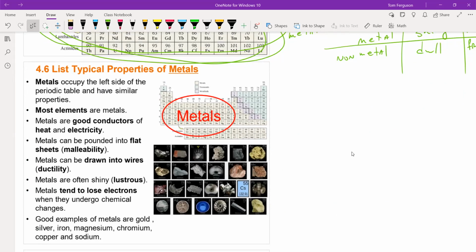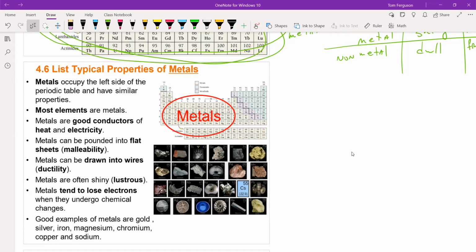Okay, when you think of a metal, what do you usually think of? Yeah, they're shiny, not all the time, but they can be shined. They're bendable. They conduct electricity. So they're definitely some very concrete properties of metals. Non-metals do the opposite.